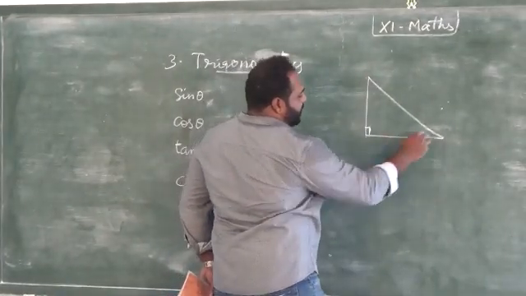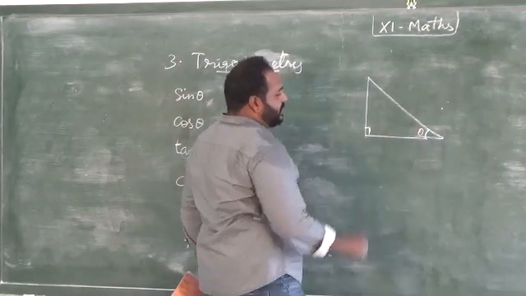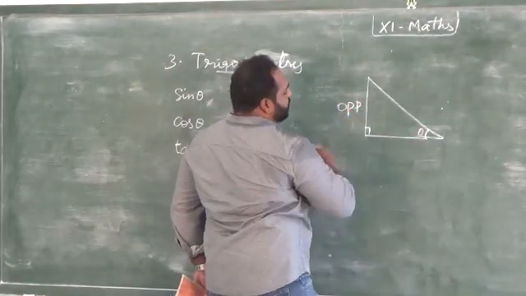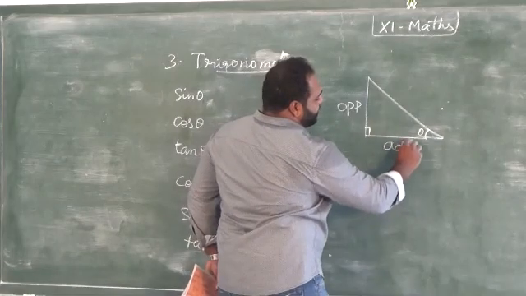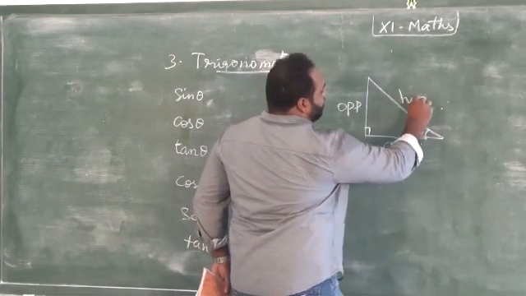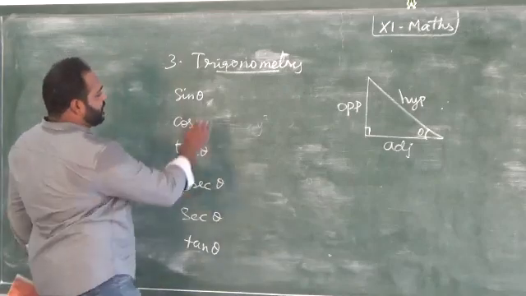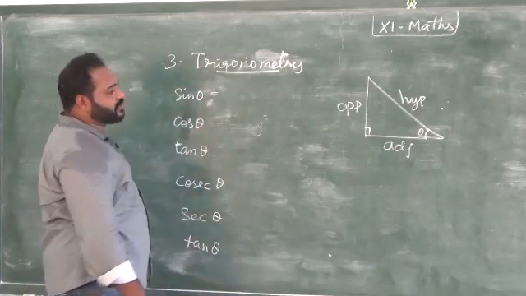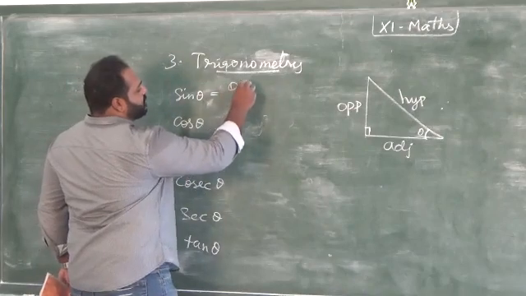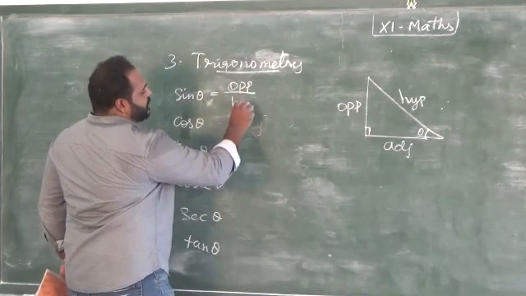We know that we can learn these ratios from the right angle triangle only. This is the 90 degree angle. If you take this as theta, this is opposite, this is adjacent side, this is hypotenuse. These 3 sides we know very well. So sin theta can be written as opposite by hypotenuse.